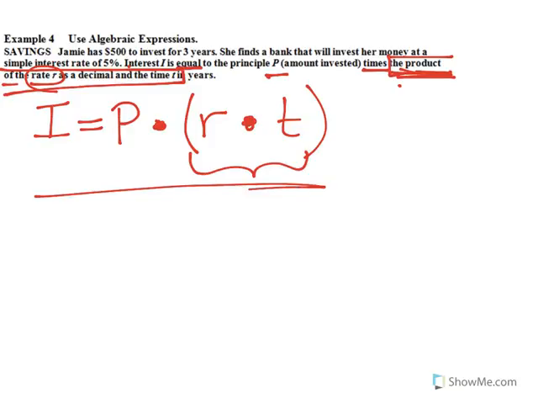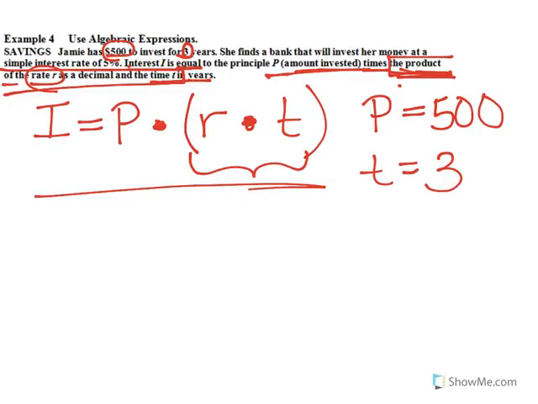Now we just plug in, so we have that P is equal to 500, which is the amount of dollars invested, which right here they tell you is 500. We know that she invests for 3 years and the time t is in years, so t is equal to 3.